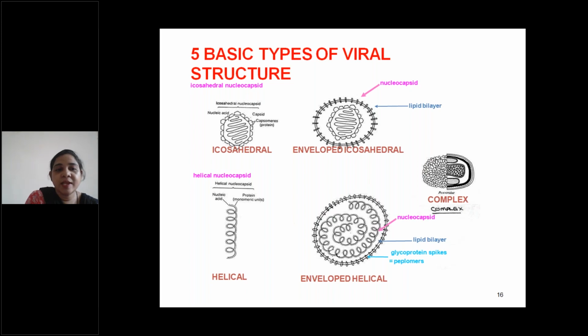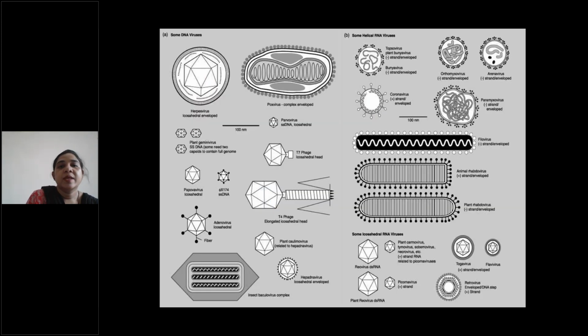Icosahedral, how many sides are there altogether? 1, 2, 3, 4, 5, 6. Envelope means icosahedral surrounded by an envelope. Next helical, then enveloped helical and complex. These are the different viruses and their structures.